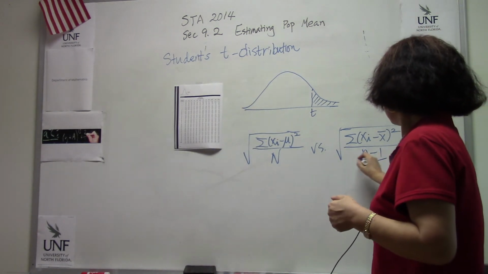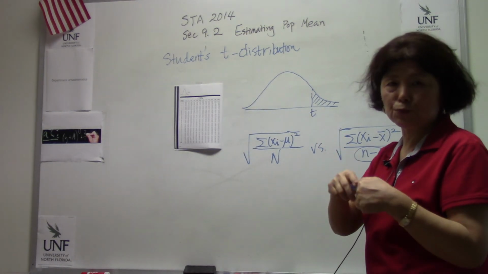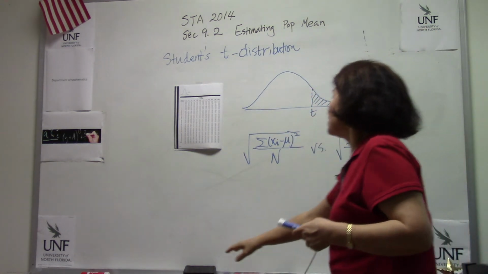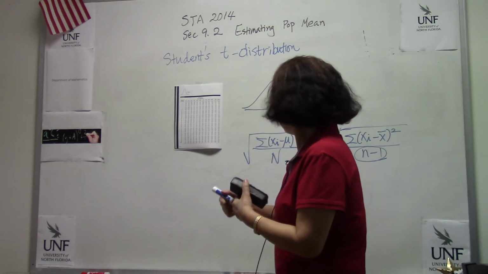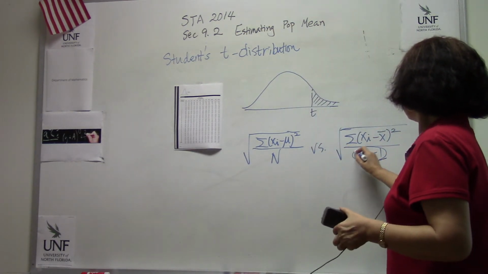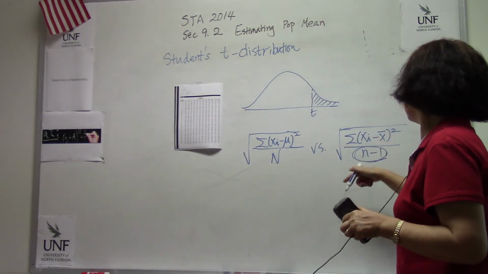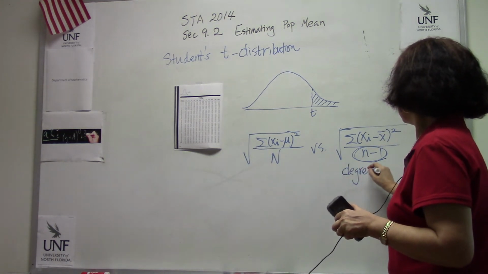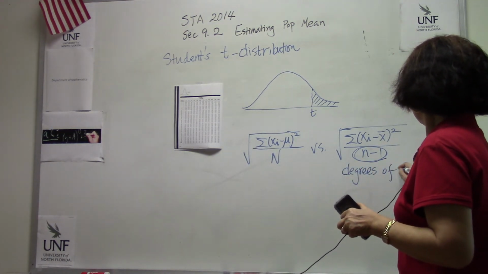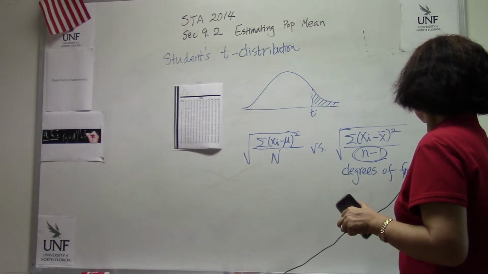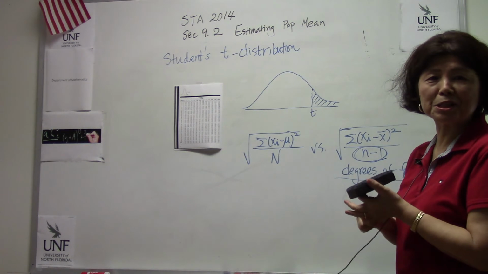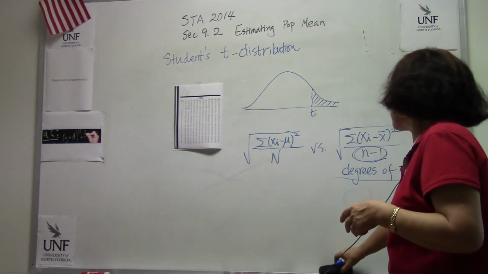Therefore, we are going to incorporate this n minus 1 into our calculation, but not over here. So when you look at the table, this n minus 1 is referred to as degrees of freedom. I know it's degrees of freedom. Doesn't sound like a statistics term, right?